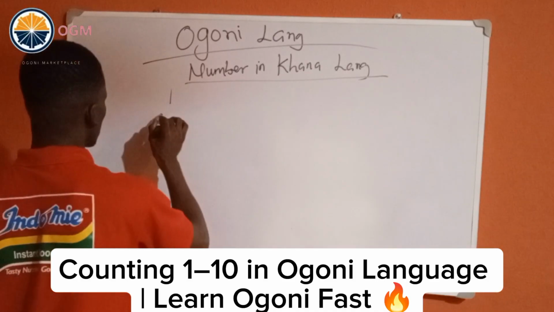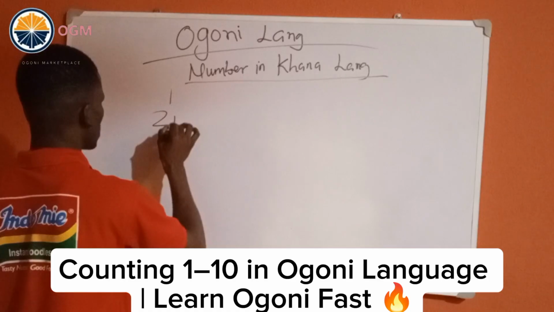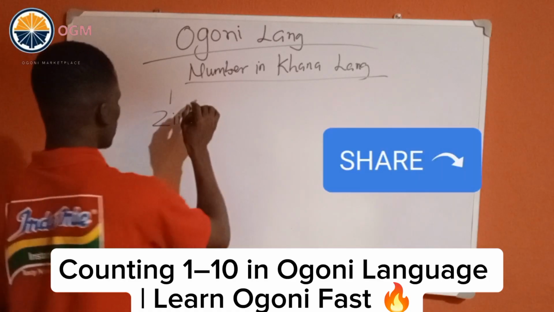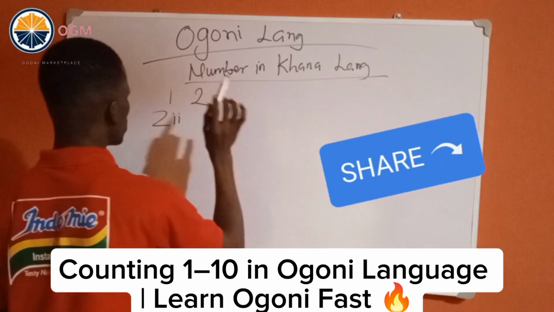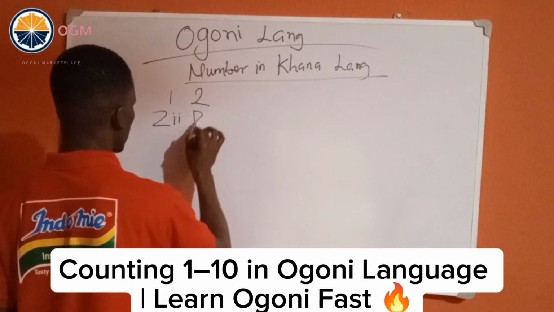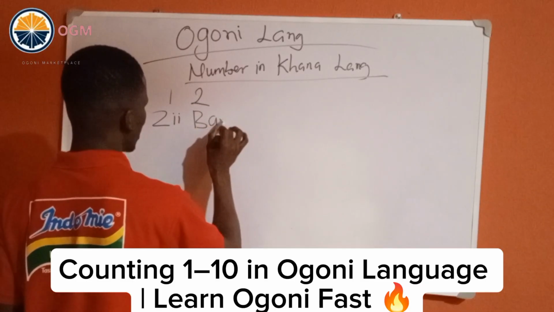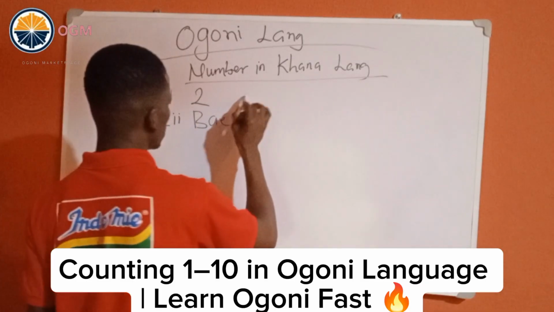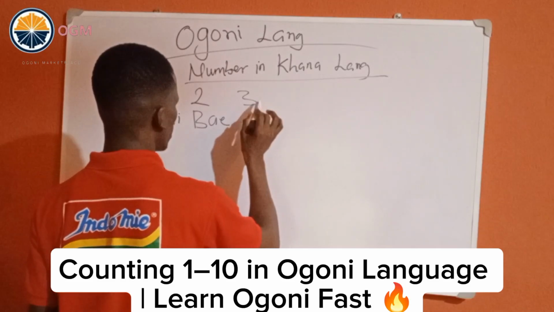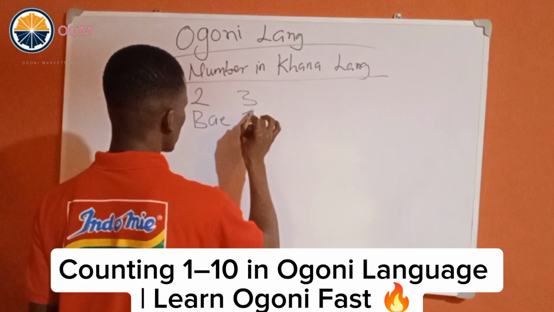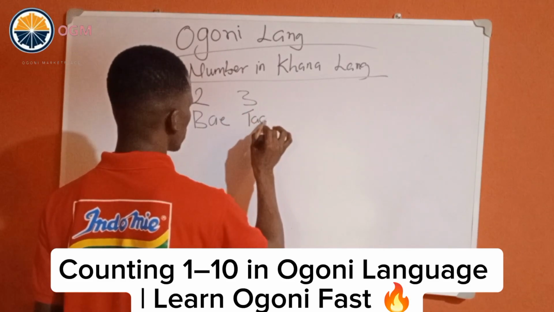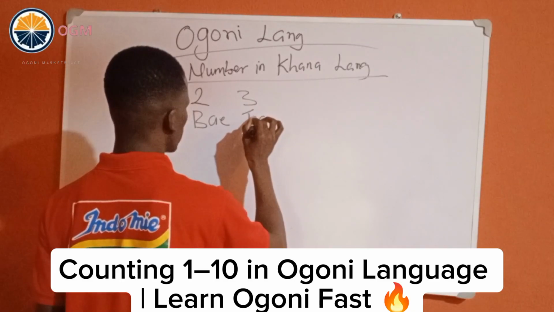So we have 1, which is zin. We have 2, which is by. We have 3, which is ta. This is the spelling of ta. There's a hyphen on it.